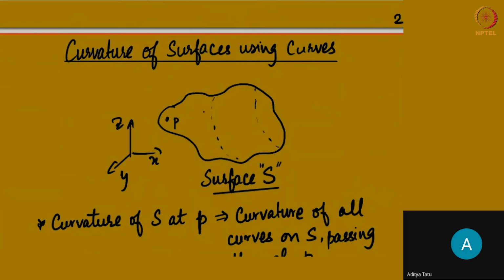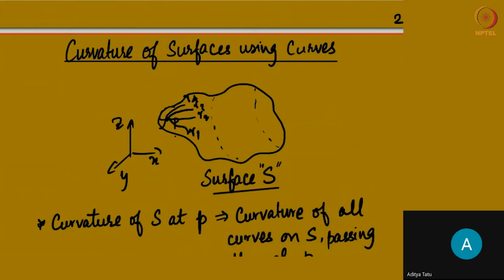The curves entirely lie on the surface, but they pass through the point P. All these curves, let's say gamma 1, gamma 2, gamma 3, gamma 4, and infinitely many more. Each curve we already know how to measure its curvature.